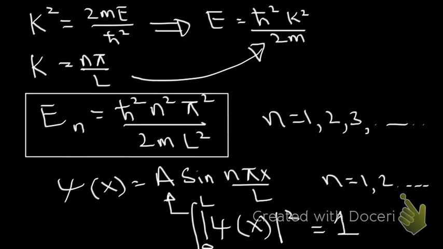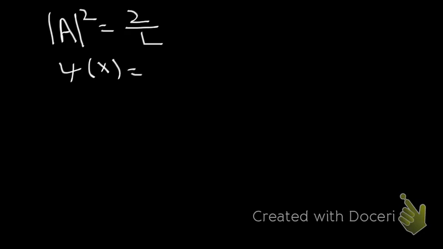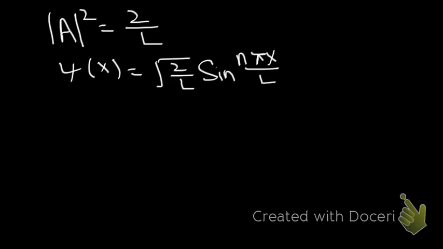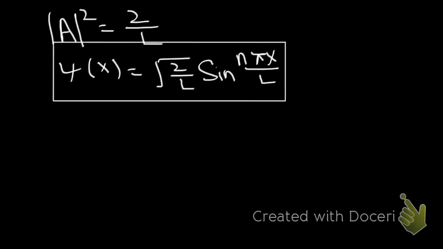If we use this normalization condition, we can find the value of our constant A, and the modulus of A squared comes out to be 2 over L. So with this we can finally write psi of x equal to square root of 2 over L times sine of n pi x over L. This expression is our expression for the wave functions.